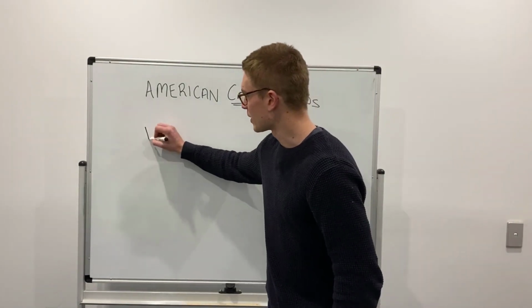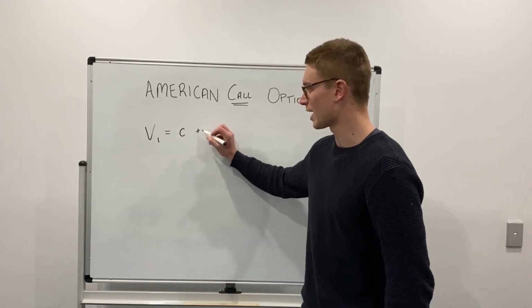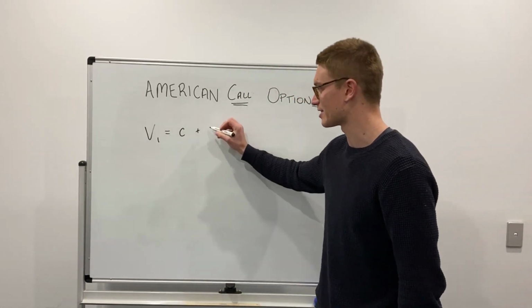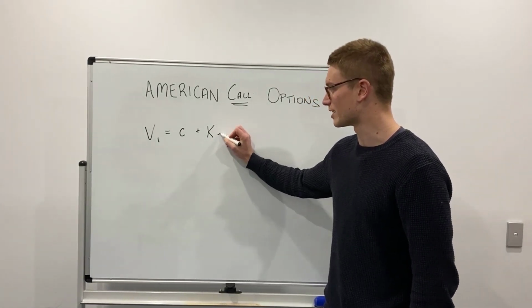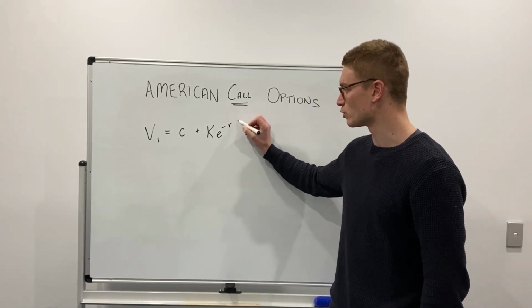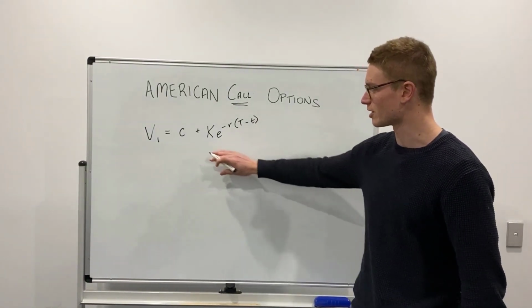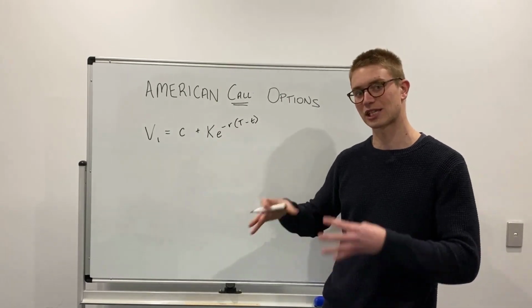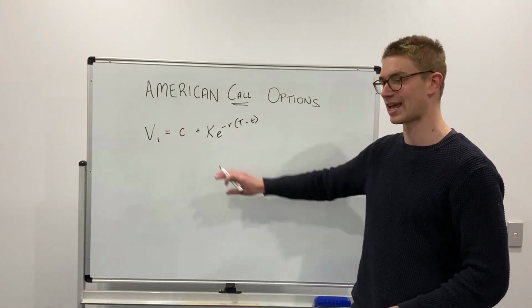Let's picture a portfolio today where you have an American call option, and remember you're going to have to pay the strike K at expiry. So K, and we're going to discount that back to today using the risk-free rate from expiry to today. This is the value that we will eventually have to pay at expiry, so we have to have this amount of cash on hand.